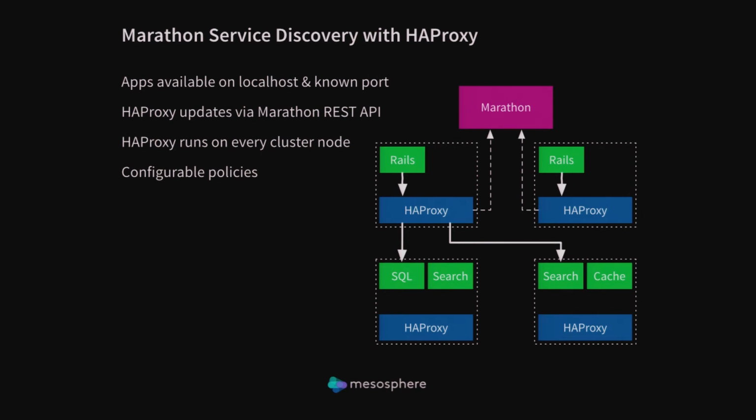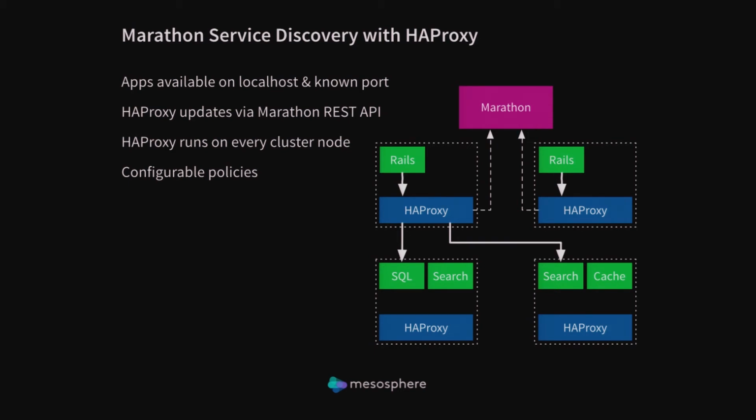The way this is exposed is we run HAProxy on every node in the cluster on localhost. And via Marathon, we allocate a known port for an application. So when you start MySQL via Marathon, for example, MySQL's default port is 3306. You can just tell Marathon to configure HAProxy to use 3306 for MySQL always.